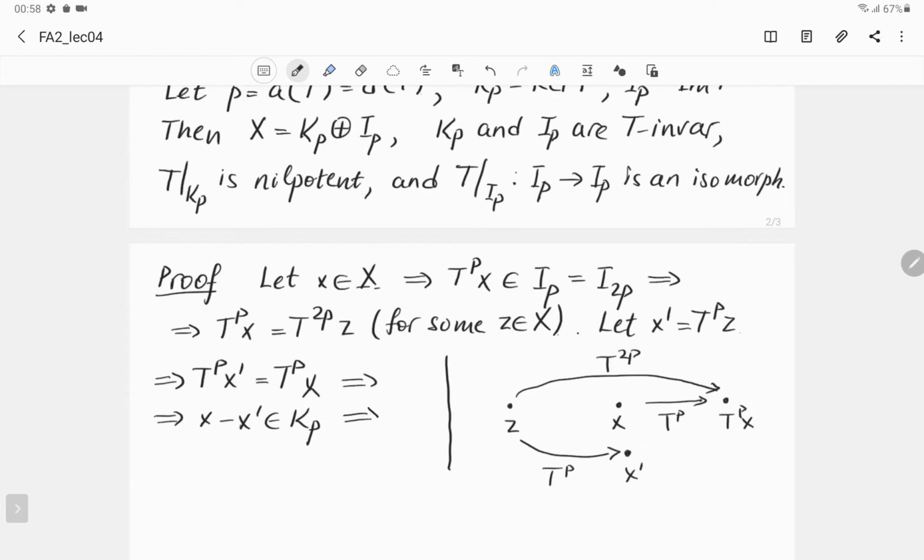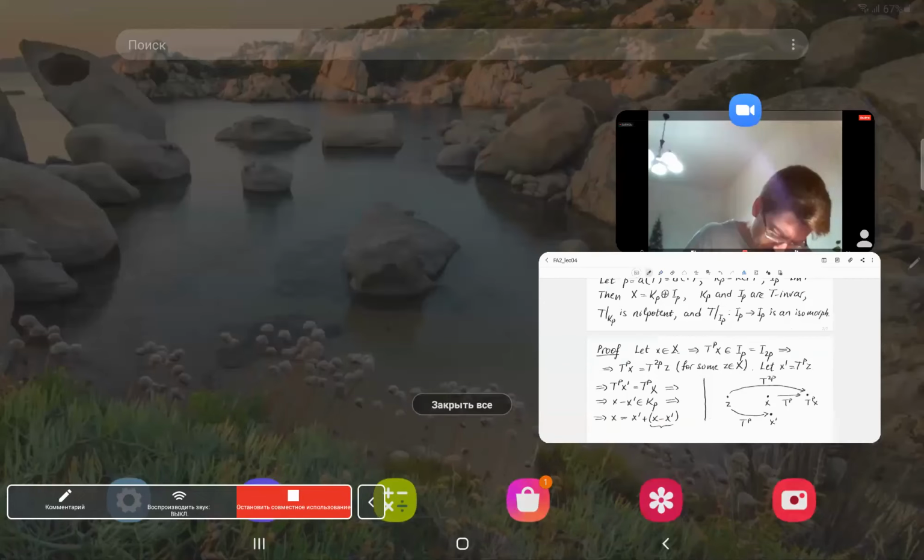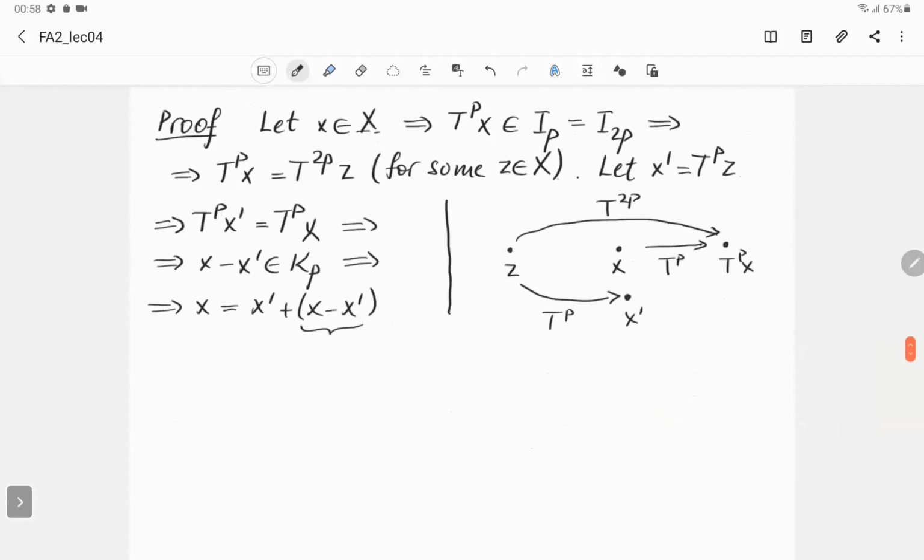And so we can write now our element X in the following way. This is X prime plus X minus X prime. So this element X minus X prime sits in Kp, and X prime by construction sits in Ip.